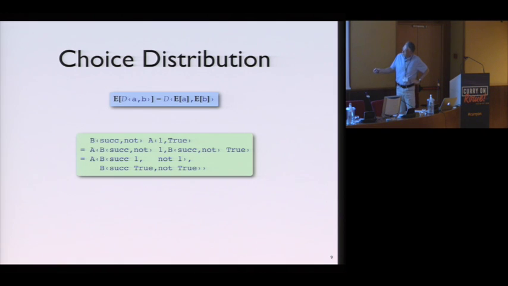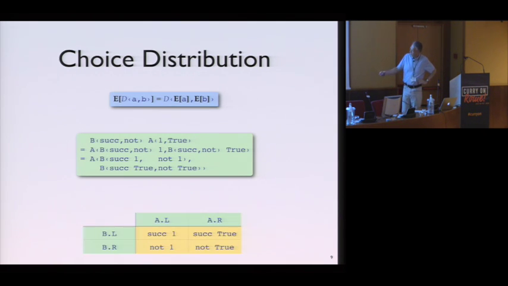And now you can see in the result that we have these four cases, which really correspond to the four cases in this table that I've shown earlier. So this law, this choice distribution law, is essentially capturing this idea of variation preserving computation. And since this is such a predominant idiom in programming with variations, this is built into the language. So by default, computation behaves like this.